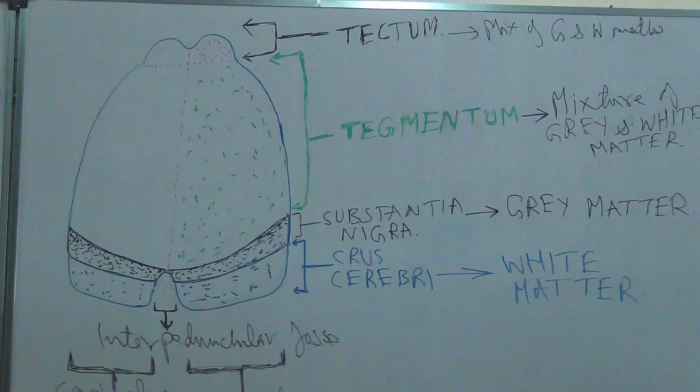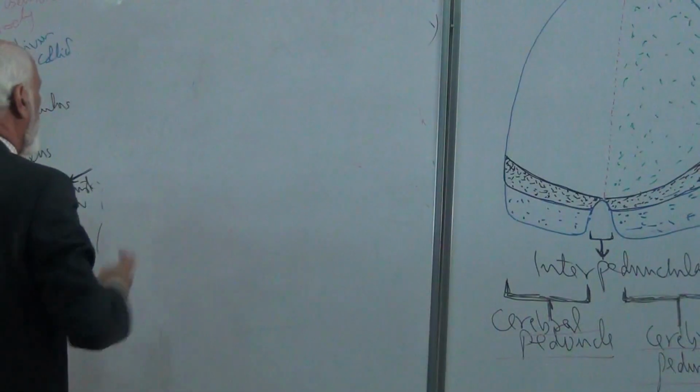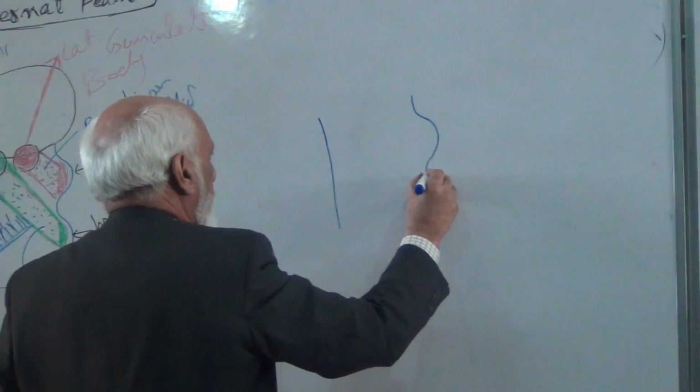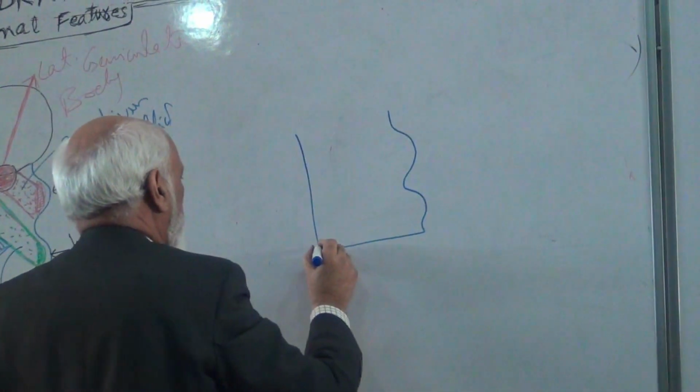Now the internal structure of the midbrain varies. This is the midbrain, superior colliculus, inferior colliculus, lateral view.